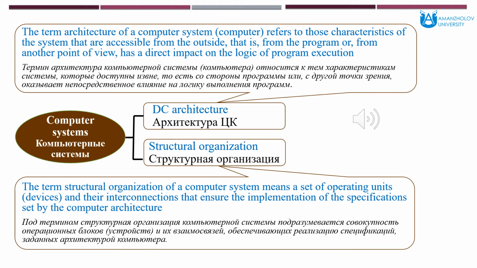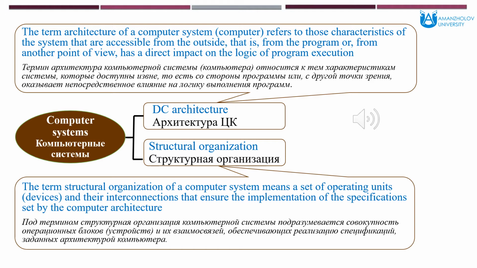Computer systems. Digital computer architecture. The term architecture of a computer system refers to those characteristics of the system that are accessible from the outside, that is, from the program, or from another point of view, have a direct impact on the logic of program execution.